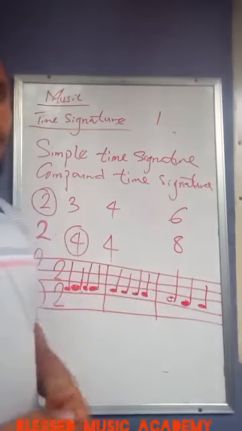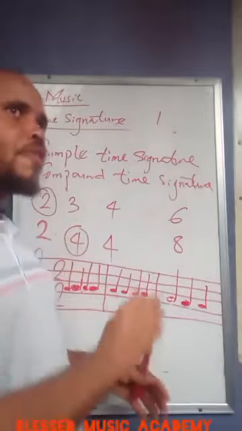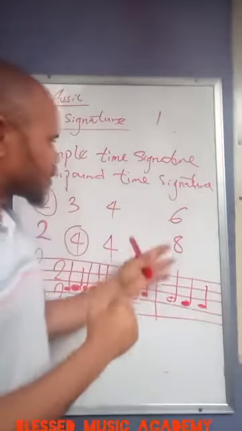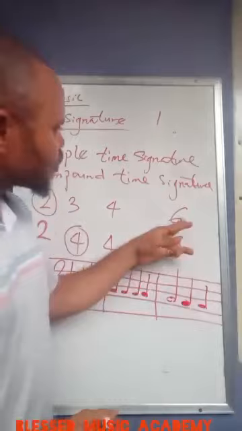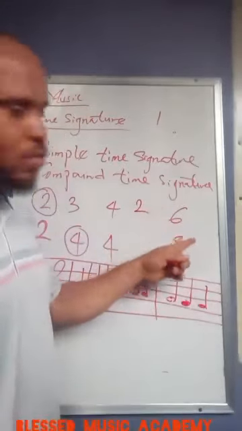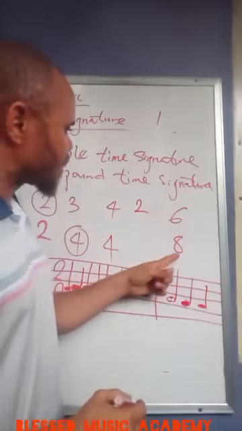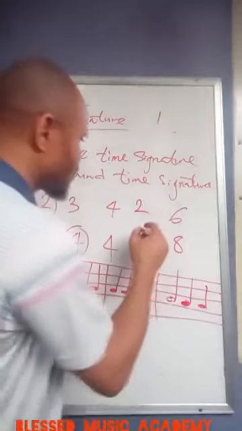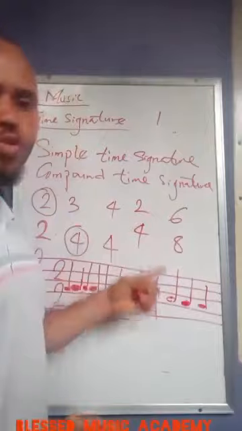For you to get the actual movement of this time signature, you divide 6 by 3, which is 2, and divide 8 by 2, which is 4. So the actual movement is 2, 4.